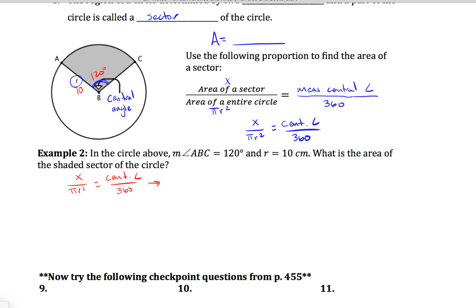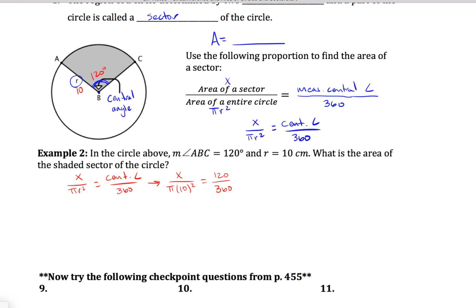And then from that, I'm going to fill in the parts that I can. I obviously can't fill in the x because that's what I'm trying to find, so I'll leave that as an x. I know my radius is 10, so I'll write pi times 10 squared equals, I know my central angle is 120, so that goes on top, and then I have 360 on the bottom of my second fraction.